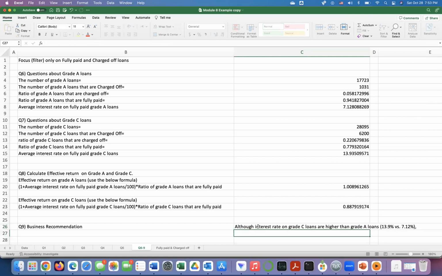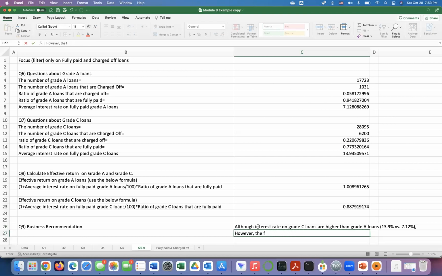Then I go to the next line. However, the fully paid rate is lower, or the charged off rate is higher.